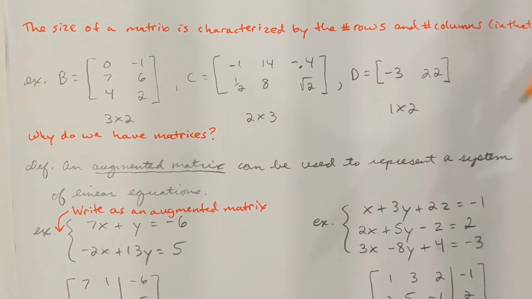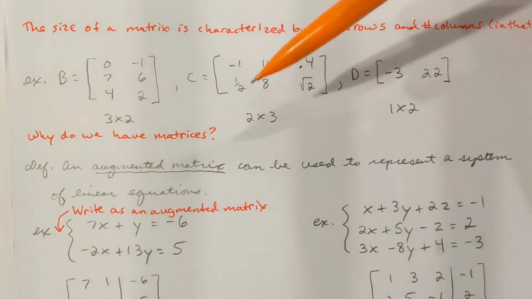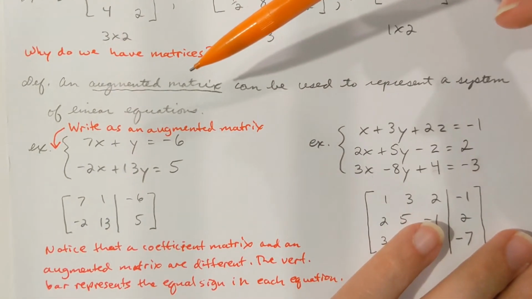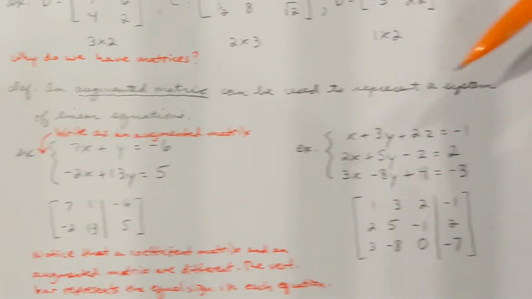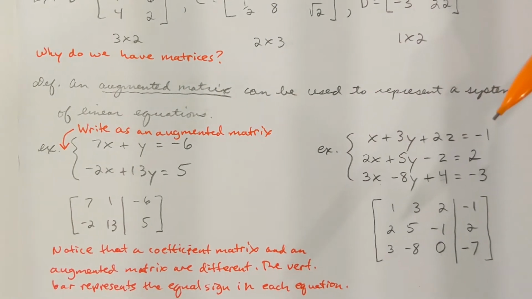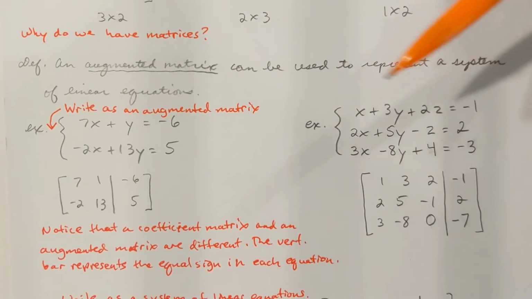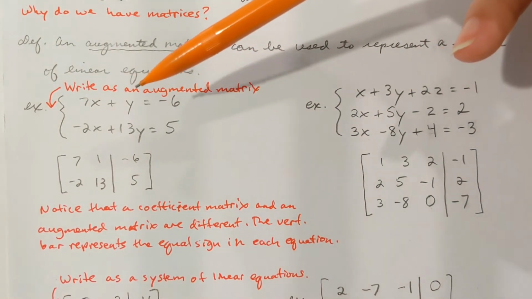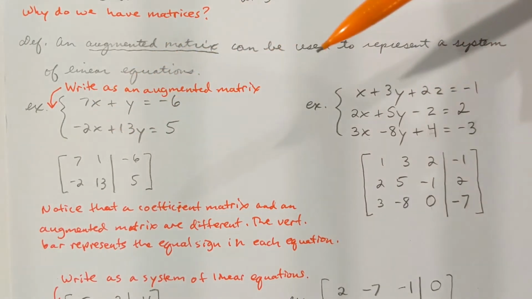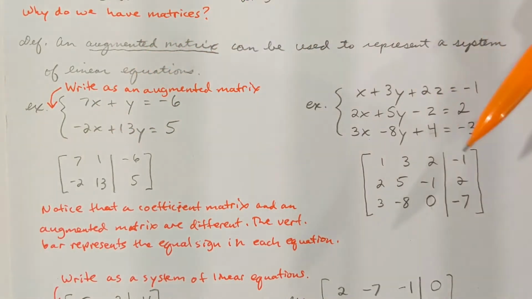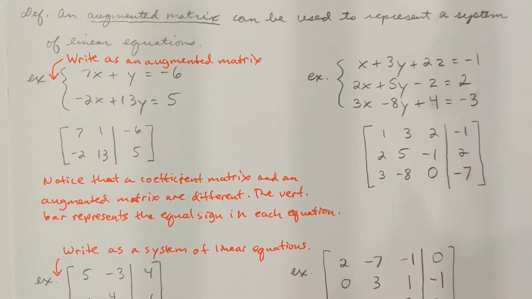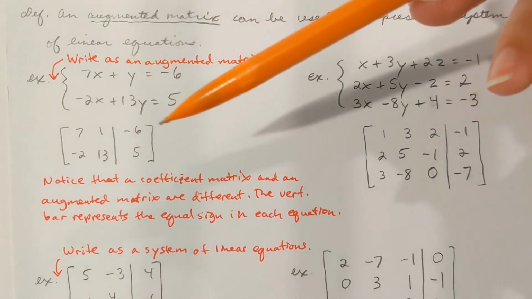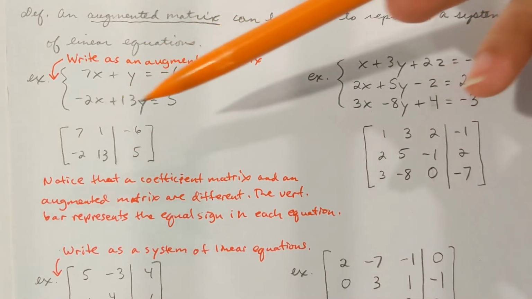It's always the number of rows first and the number of columns second. Now, why do we have matrices? Well, the topic is systems of equations. And here's a definition: an augmented matrix can be used to represent a system of linear equations. Here's an example. Suppose that we have this system of linear equations, and I'm going to write this as an augmented matrix. The rows are going to be represented by the equations that are given.